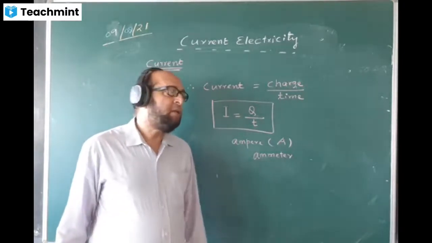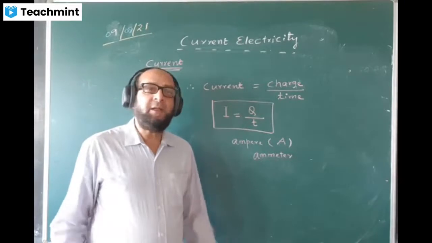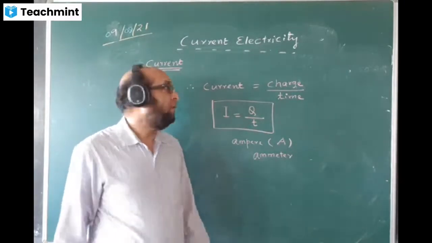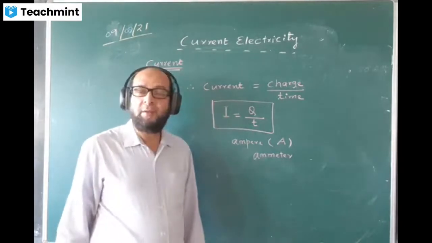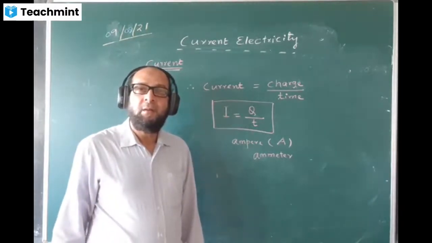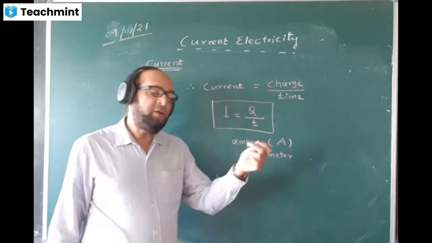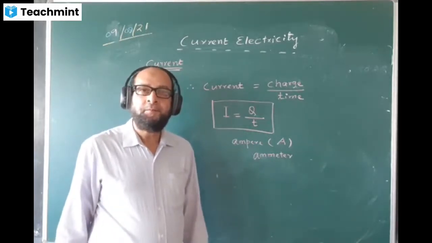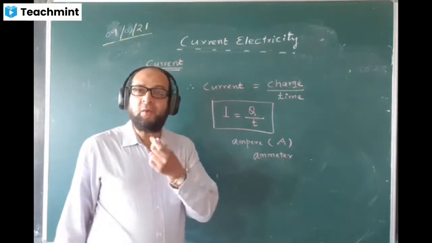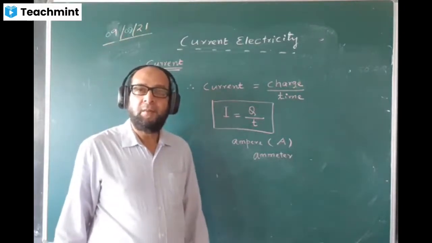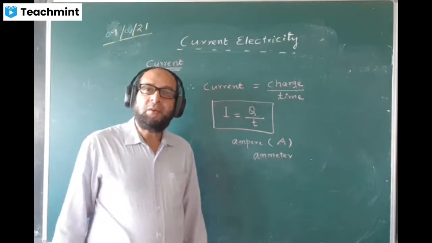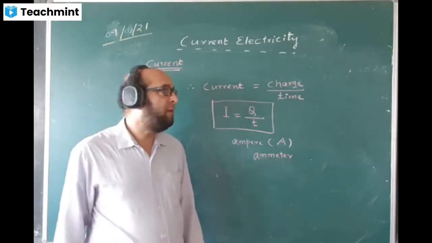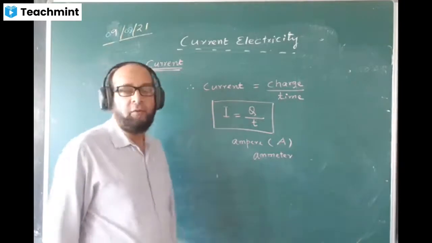Now just try to understand, particularly in a conductor, what causes the current to flow through it. The current flows due to the movement of electrons within the conductor. Free electrons move within the conductor, and that causes current to flow.